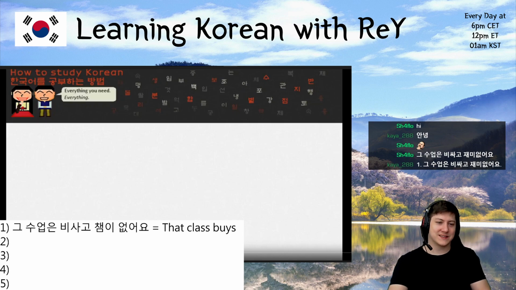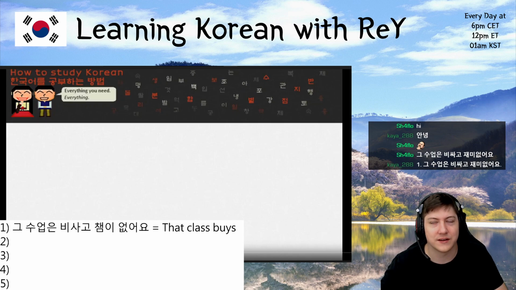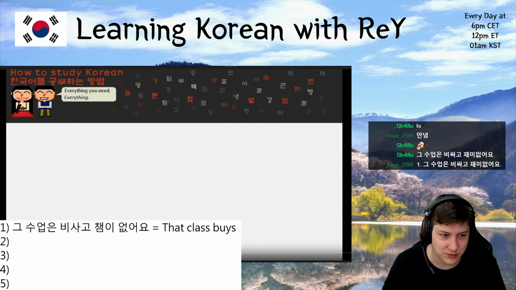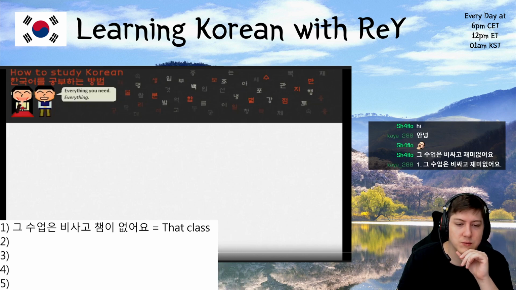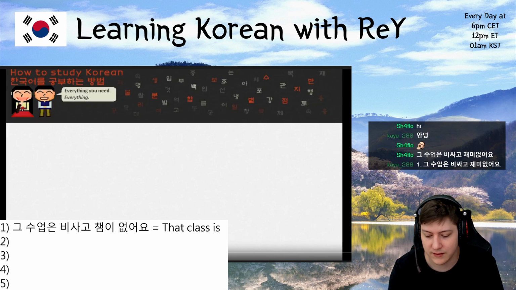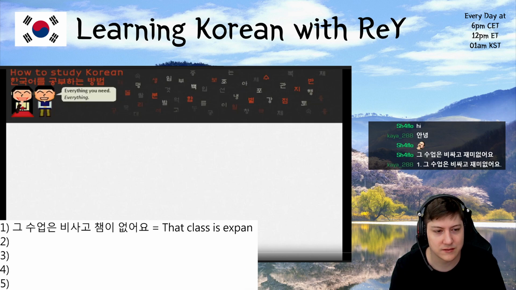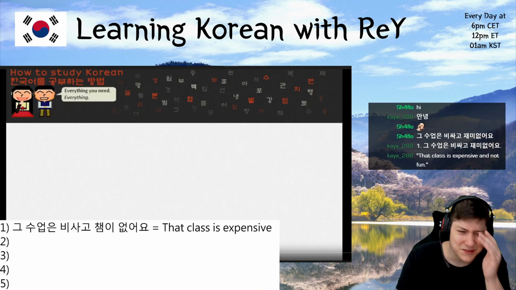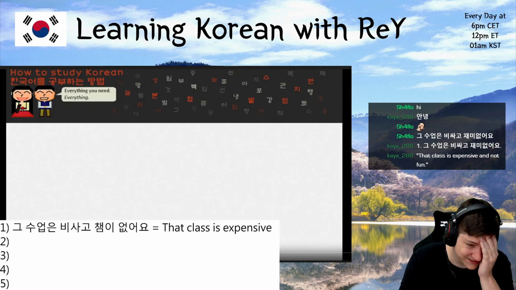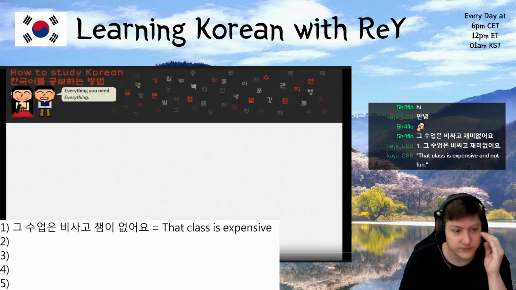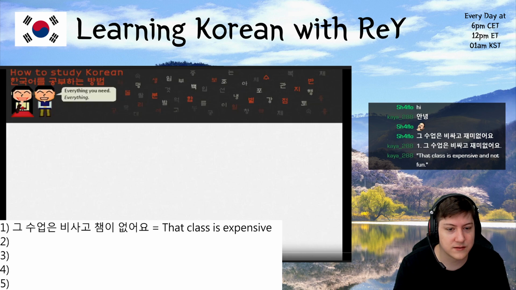I don't feel good about this. Pizza. Wait, pizza. No, that's not to buy. Sorry. Pizza expensive. Is expensive. It makes no sense. Why would the class be expensive? That class is expensive. Doesn't really make sense.